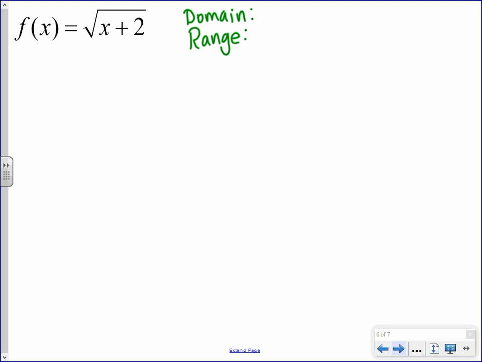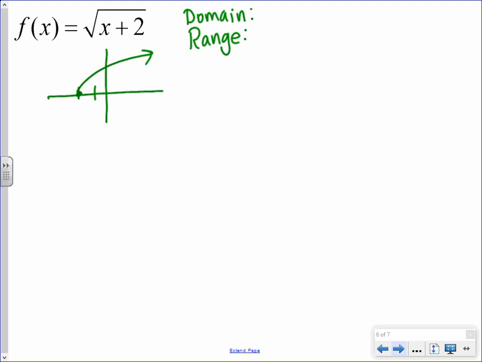All right, so I hope you are visualizing this in your head. A square root that's been shifted. Sorry. It's been shifted to the left. Correct? Okay.